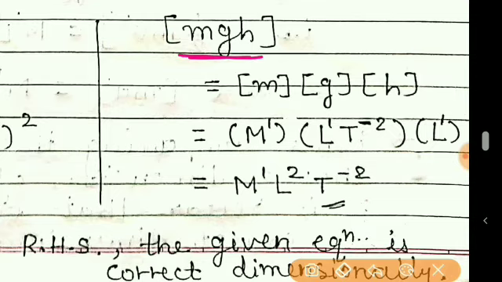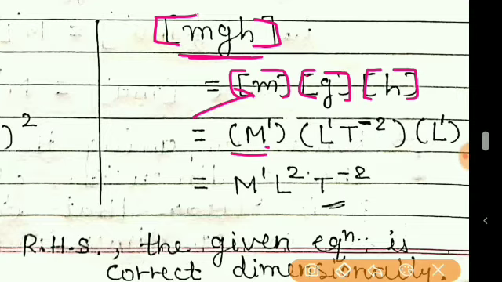mgh is given, so its dimension is the dimension of m, the dimension of g and the dimension of h. M is mass, so here we have written m capital, because for mass the symbol we use is capital M. What is g here? It is given in the statement. G is acceleration due to gravity.